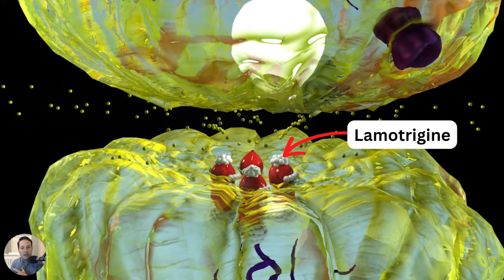Now, here comes lamotrigine binding to the sodium channel and blocking sodium from getting through. With less of the positively charged ion entering, the electrical signal is stopped. Remember, if sodium's coming through, so are electrical impulses. If sodium is not getting through, electrical signals are stopped. And that's how lamotrigine is believed to control seizures.